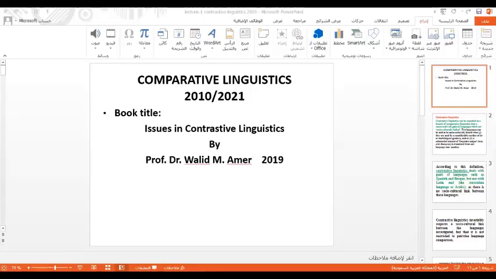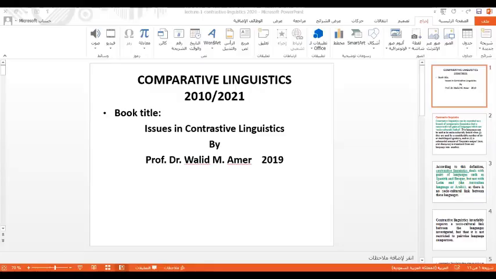Again, we speak about the adjective. Clever. Is it attributive or predicative? I think it is predicative because I mean that those students particularly are clever or brilliant.